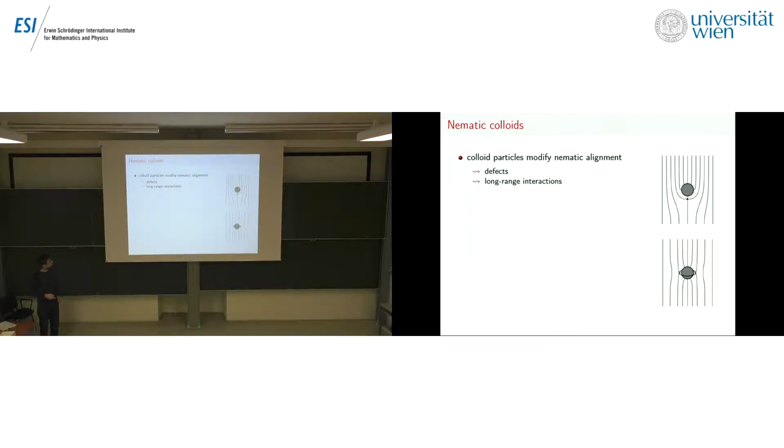Okay, so this was the general thing about the Landau-de Gennes theory. And now let's talk a bit about nematic colloids. You already had a wonderful introduction about them by Giacomo, and I will be saying a lot less about them. But what's the spirit?